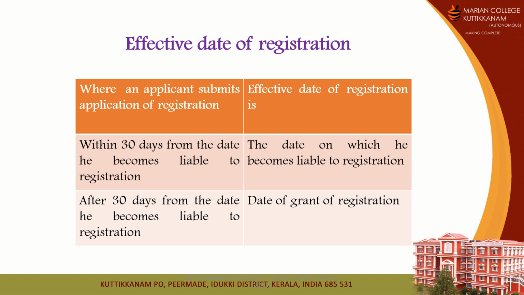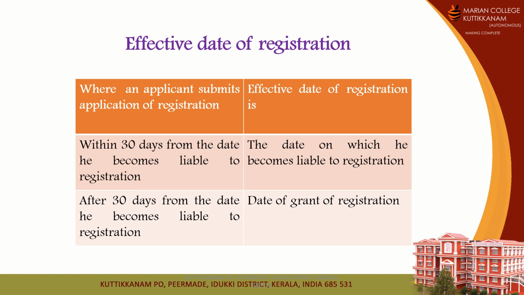Then these are the effective dates of registration. If an applicant submits an application within 30 days from the day he becomes liable to registration, then the effective date of registration shall be the date on which he becomes liable to registration.